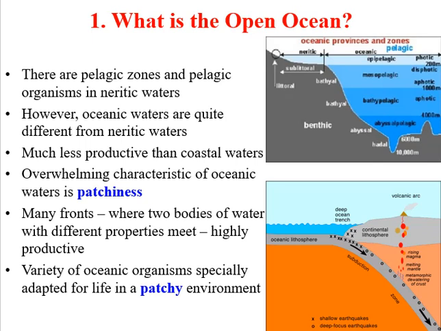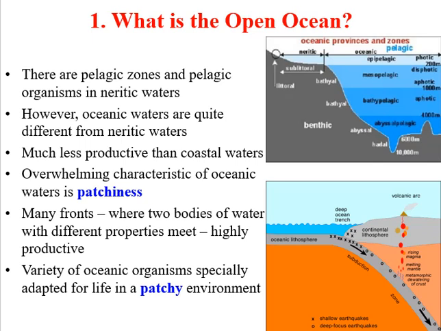But in terms of the open ocean, this is true of many of the coastal ecosystems we've looked at, but more characteristic of the oceanic province is that these are patchy environments. They're patchy in terms of physical characteristics, where currents are and where upwelling is, but specifically patchy in terms of resources, light, and food especially.